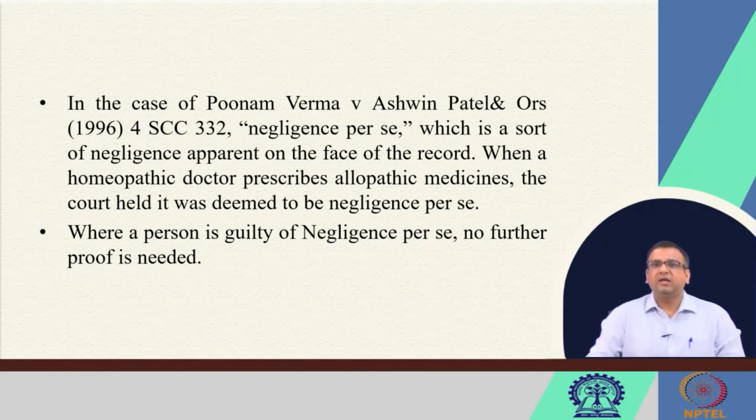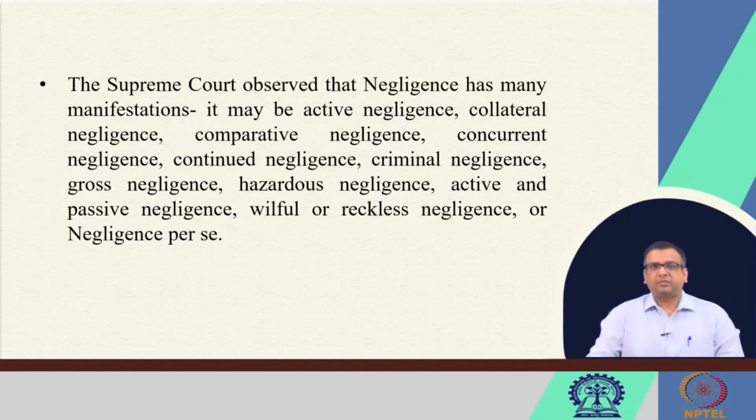It is clearly negligence. Even a layman, even a very poor man can say how a homeopathic doctor can give allopathic medicines. He must give only the medicine belonging to his expertise. Where a person is guilty of negligence per se, no further proof is needed.